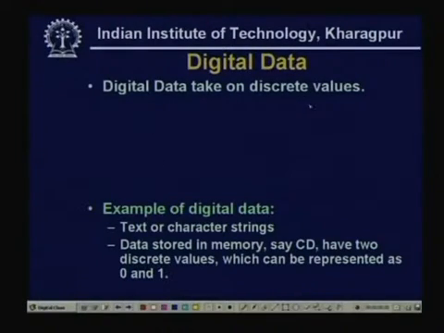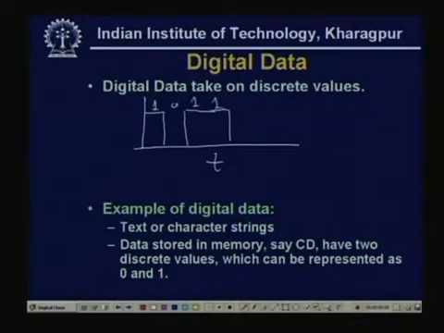Suppose here is your signal, again in terms of time we are representing, it can have say 1, 0, 1, 1. So these are the discrete values.